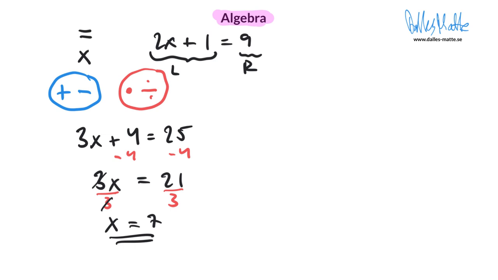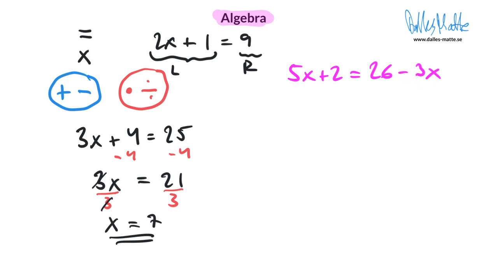Then I have 5x plus 2 on the left side equal to 26 minus 3x. Now we look first at the variable. We have 5x and we have minus 3x. We need to have them on the same side of the equal sign. So 5x is more than minus 3x.